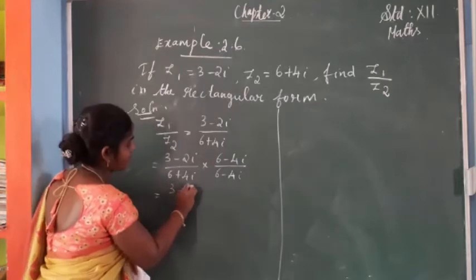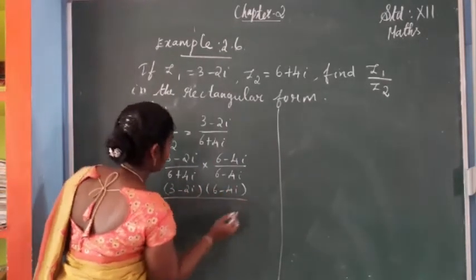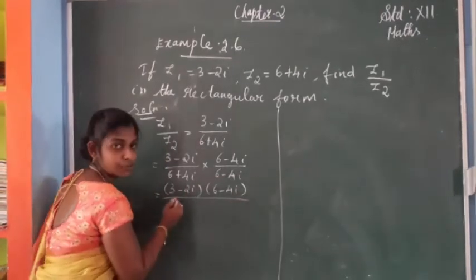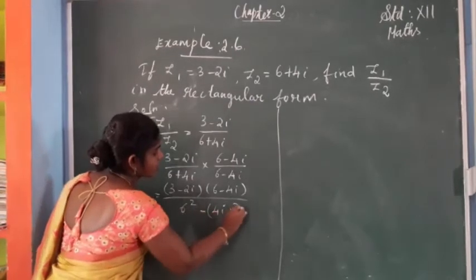That's equal to multiply both the terms. So 3 minus 2i into 6 minus 4i divided by, so use the formula, 6 square minus 4i square.